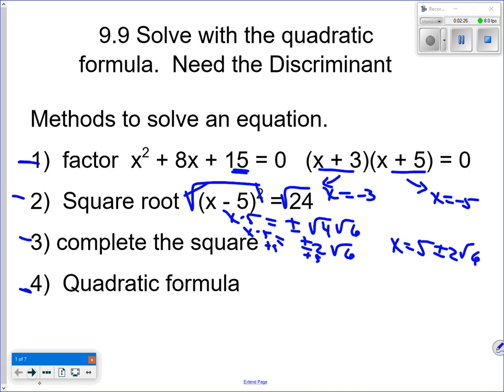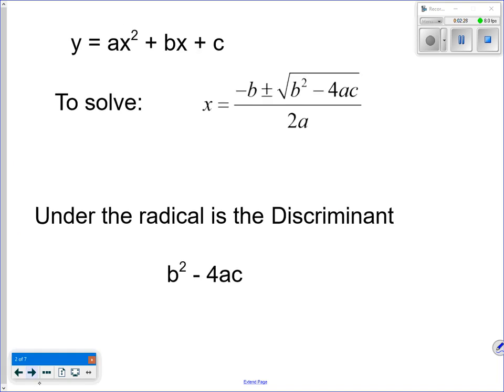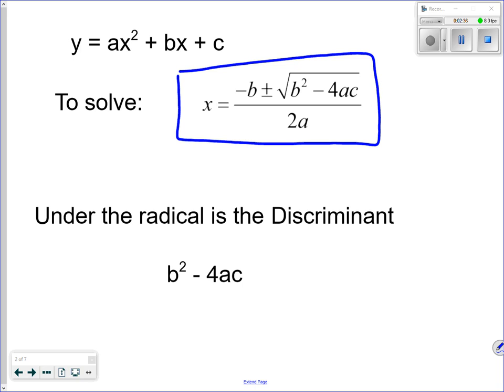All right, so the first big formula that you need to put in your notes, this is super important. This big formula right here is how we're going to solve the quadratic equation. So again, up at the top, you've got your basic equation, ax squared plus bx plus c. What you're concentrating on is those three letters, a, b, and c.